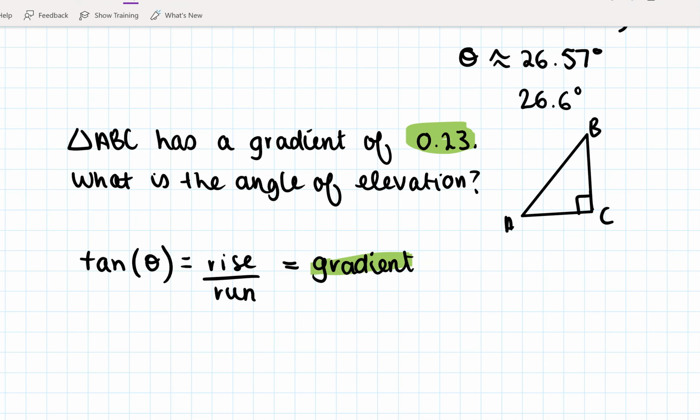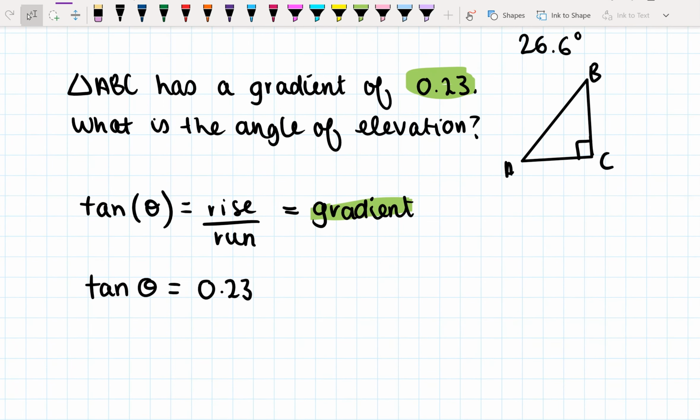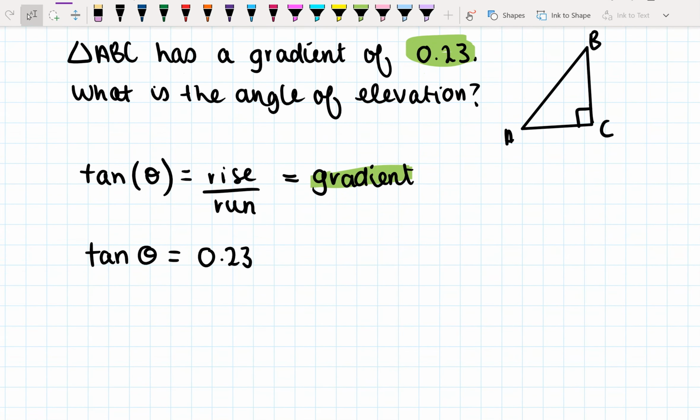So what we're going to write here is the tan of theta is equal to 0.23. Now we can just use our formula. If we want to get theta by itself, we need the inverse tan of 0.23. That is all we're doing.